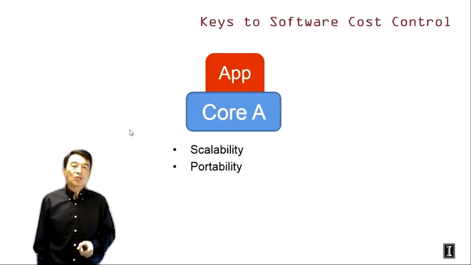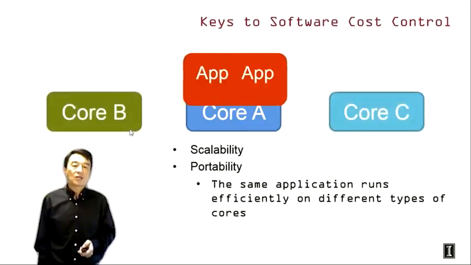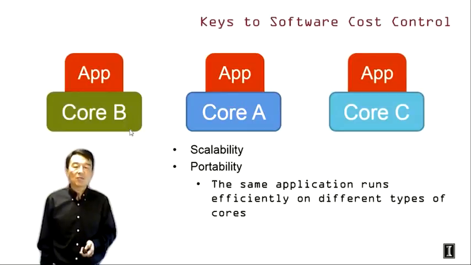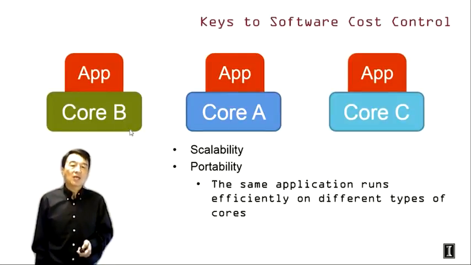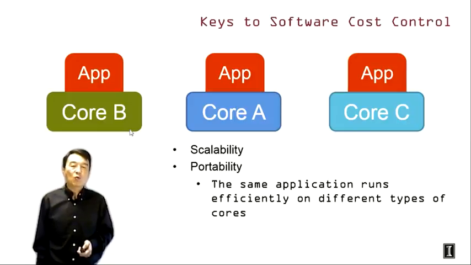The second dimension of software cost control is portability. Portability means that if we develop an application to run well on core A, we would also like it to run well on different types of cores, in this case core B and core C in the picture. Oftentimes the application developed for core A may initially run on one vendor's product.